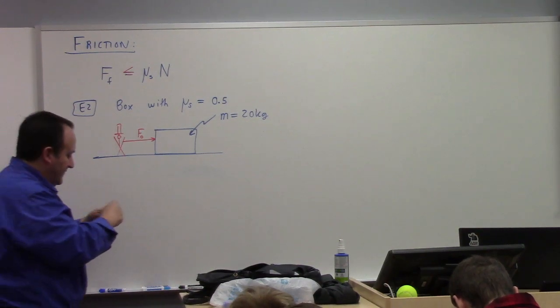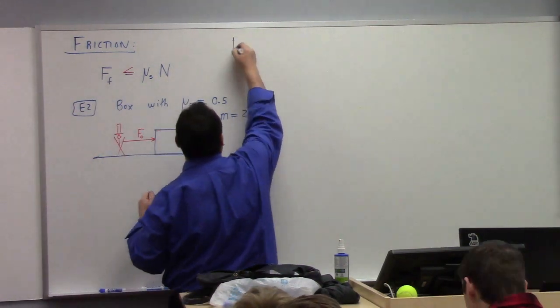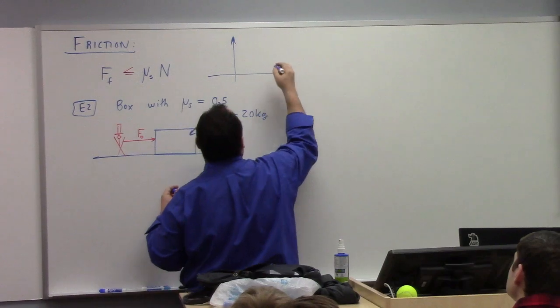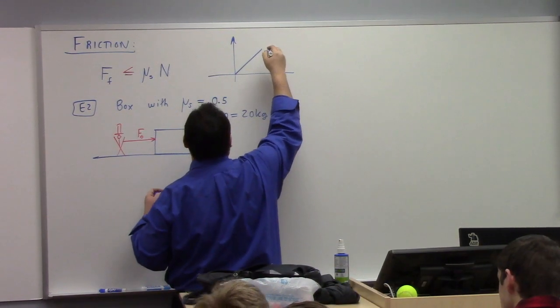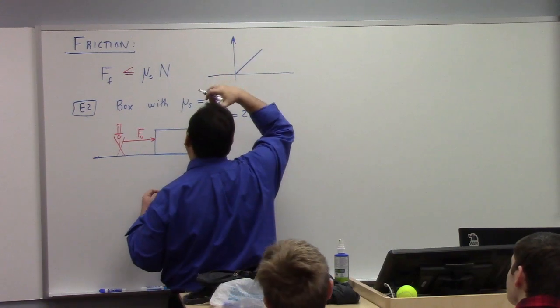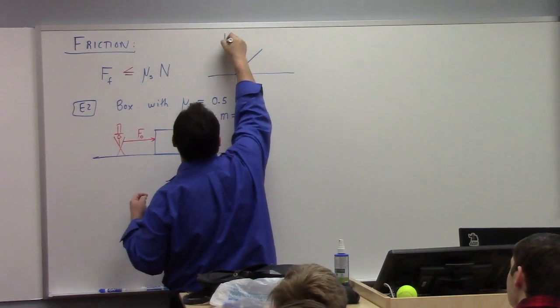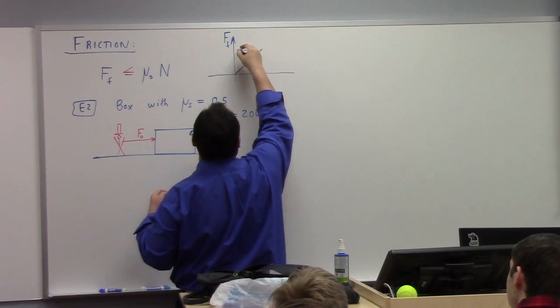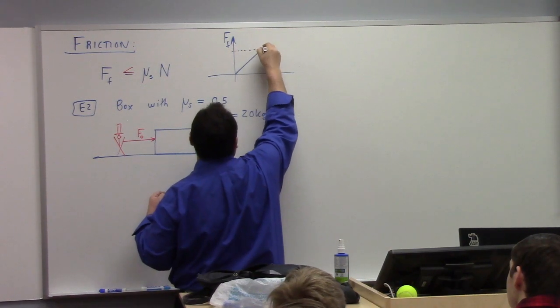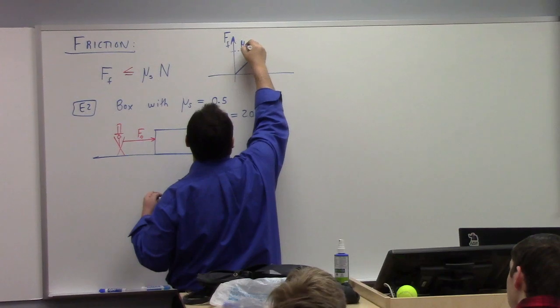If I was going to graph the force of friction, it looks something like this. You've got 0, and the force of friction is this way. You have all the way up to here, and this value is mu sub s times n.